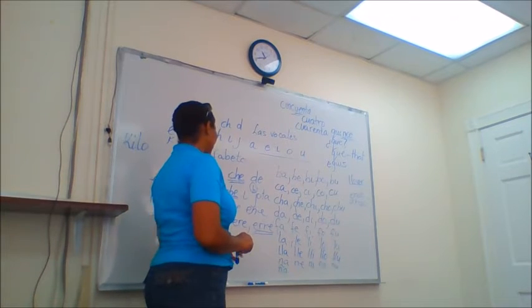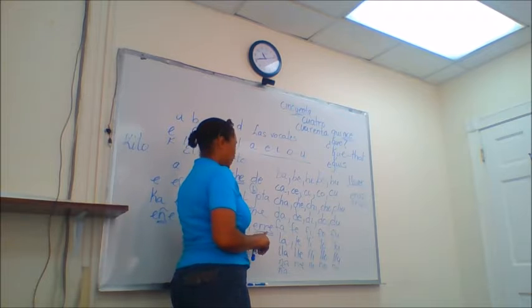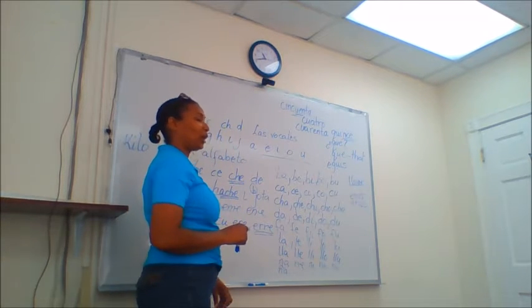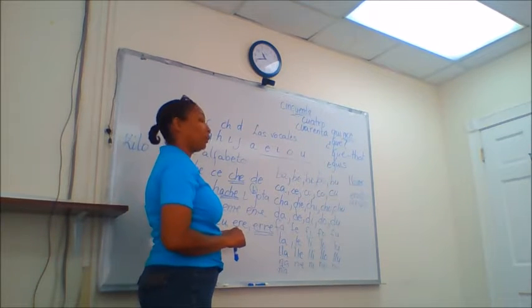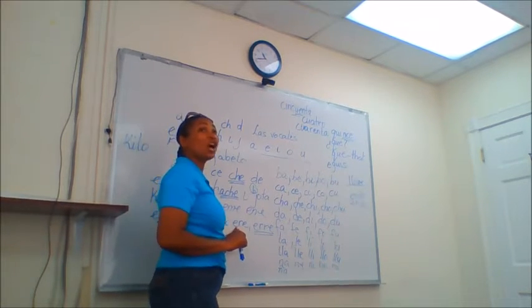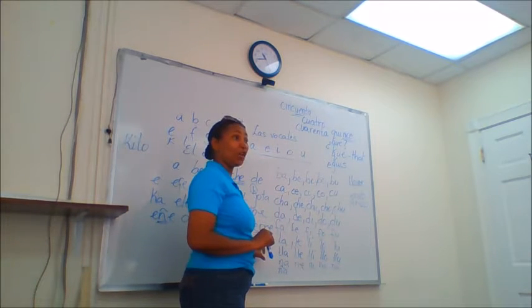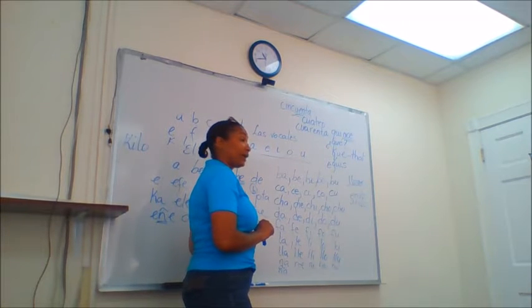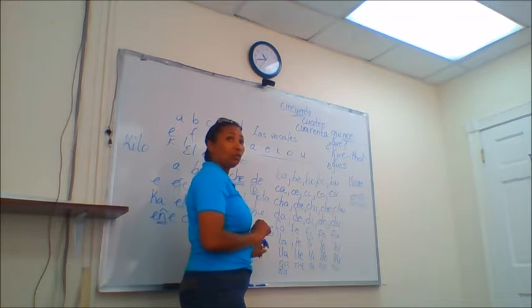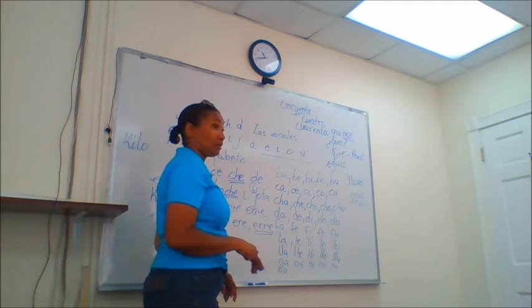So this one stays up, and this one is R. Double R, single R. And we know this sound will go ra, re, ri, ro, ru. Of course, it's going to have that double R at the front. Carro. Carro. Yeah, that's a car.